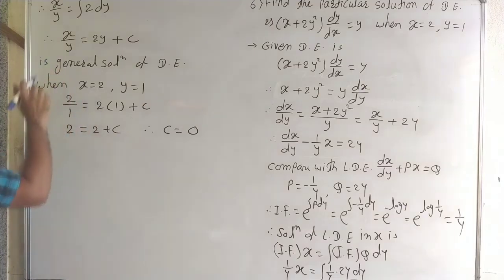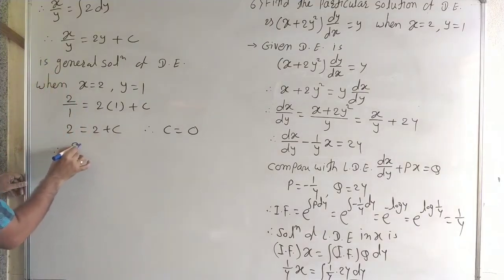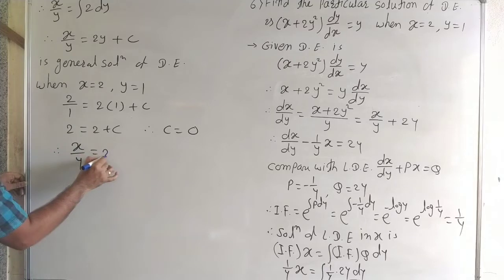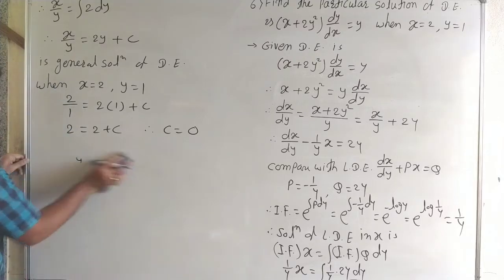Then c is equal to 0, therefore the solution is x by y is equal to 2y. It is a particular solution. We write the particular solution.